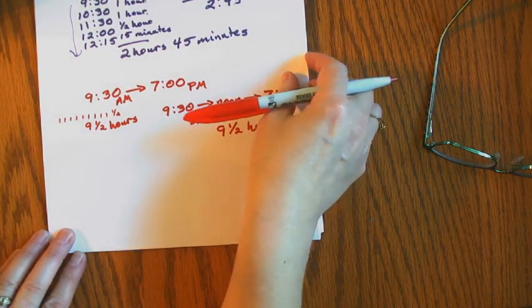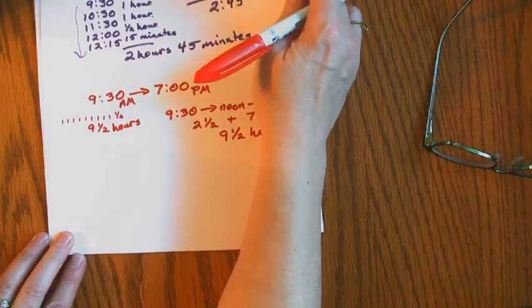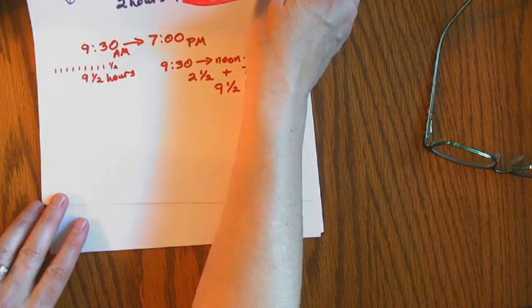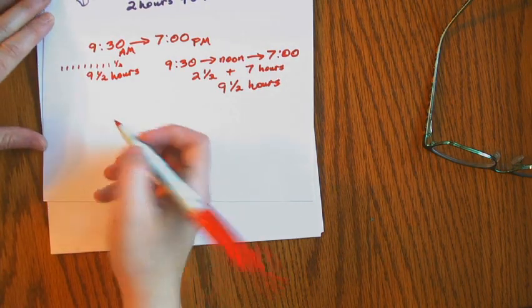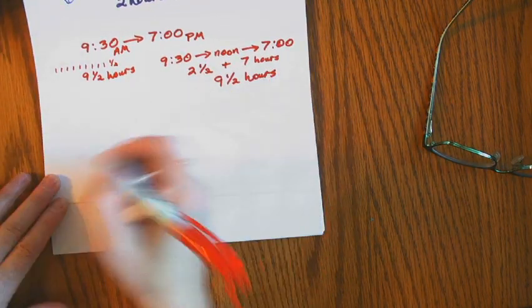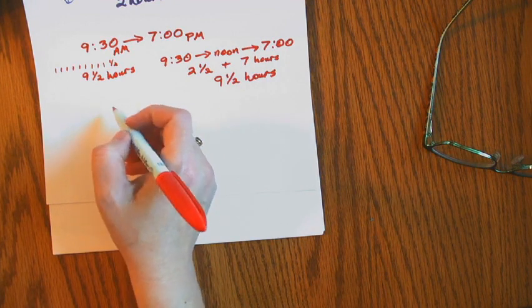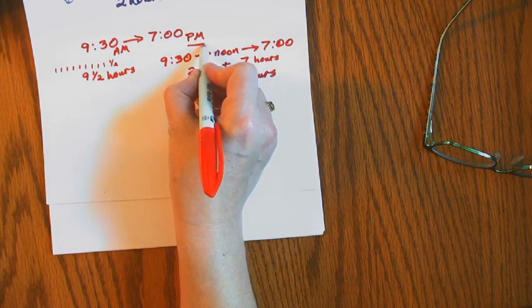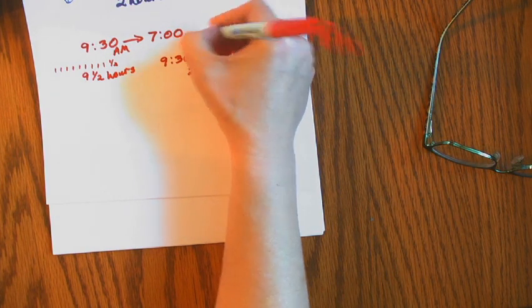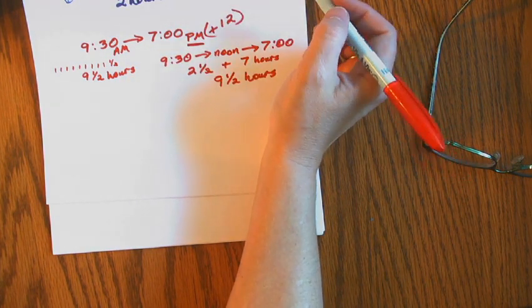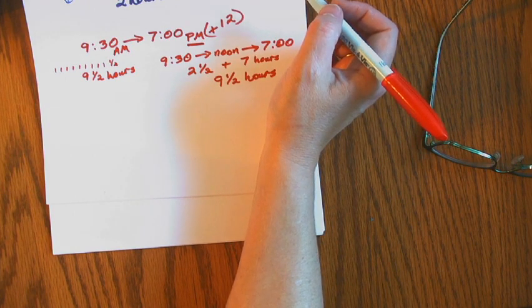Our final option would be to think of our PM time in 24-hour time. It's sometimes called military time because you tend to hear people in the military using it. In that case, anything that's a PM time, we add 12 to it to convert it into our 24-hour time instead of 12-hour time.